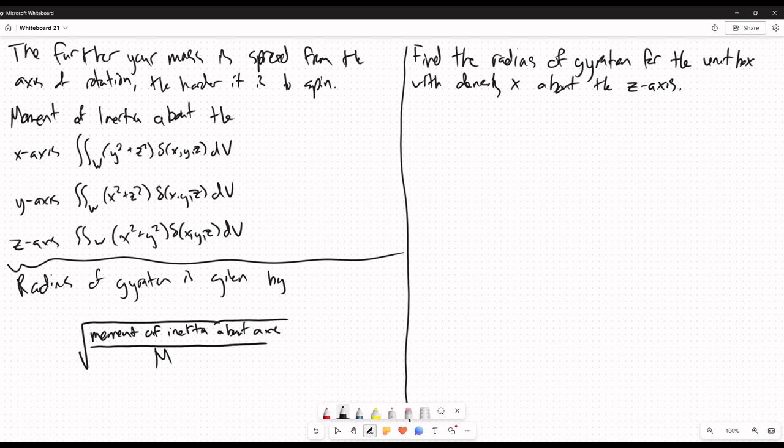And that's it. And again, this is going to be the radius of gyration for a particular axis.